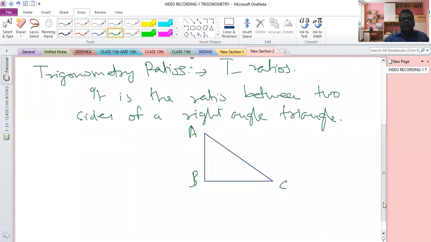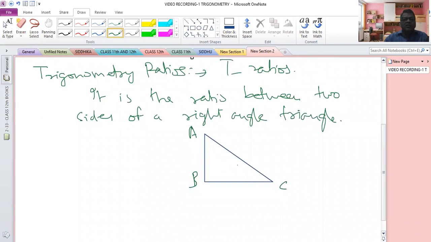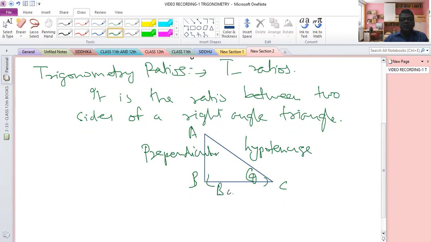Now, let us see that angle C is given theta. Right. Now, there are three sides in a right angle triangle. This AB is known as perpendicular. And this AC is known as hypotenuse. And the side adjacent to the given angle is known as base. Okay, student.